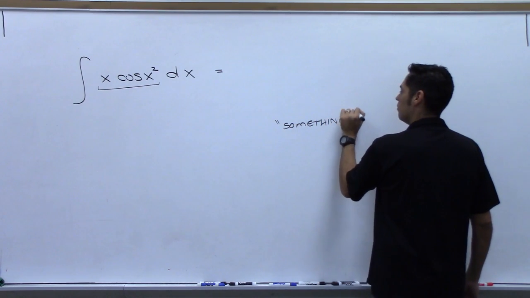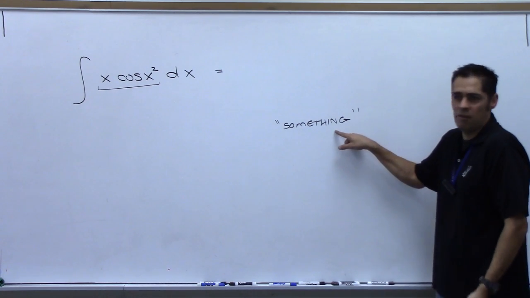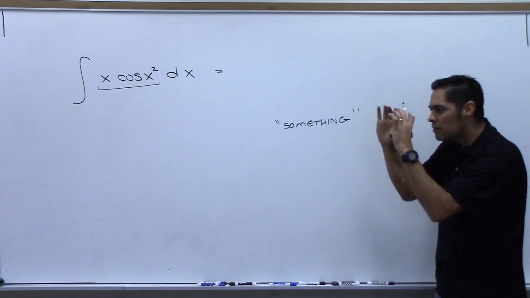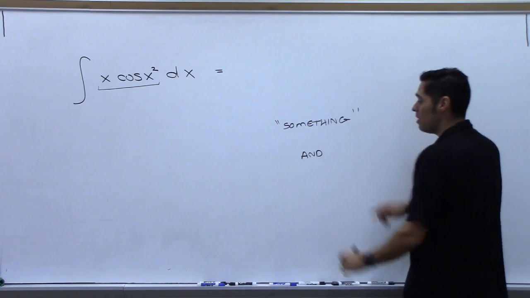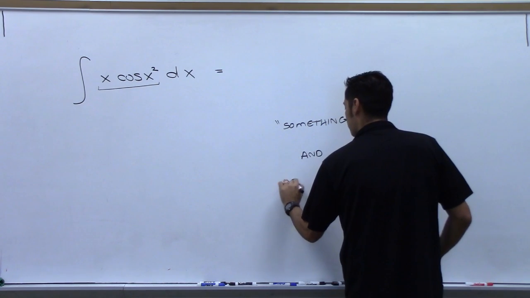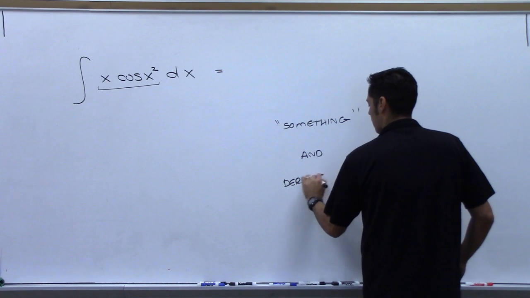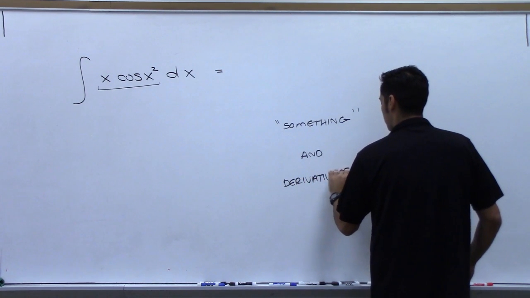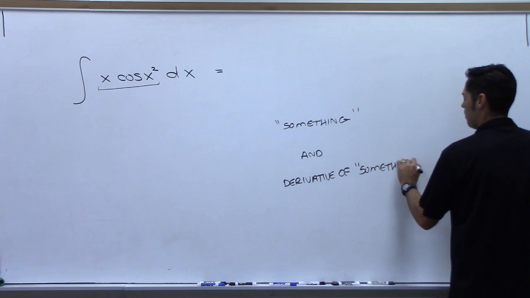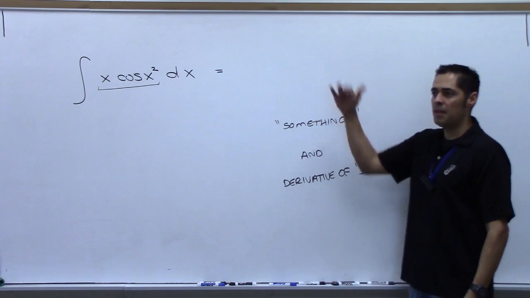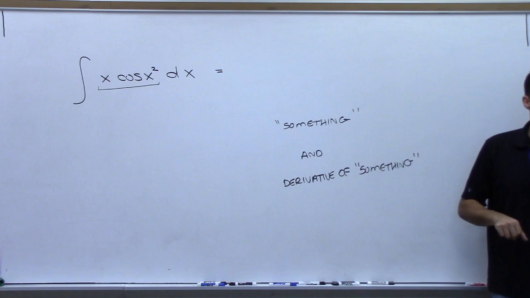We're going to try and find something, I don't know what it is, it's something though. And we're going to try to find something else, which is the derivative of the something. So I'm trying to find something and its derivative, and it needs to appear in there.